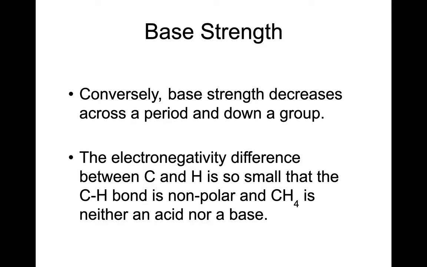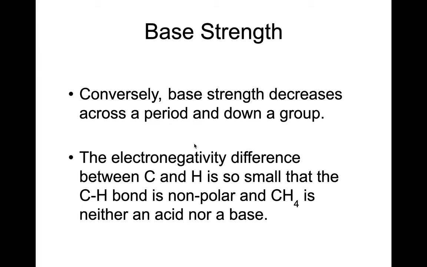Now bases, on the other hand, are going to do the opposite. Base strength decreases across a row and decreases down a group. So it's the exact opposite trend to the acids.